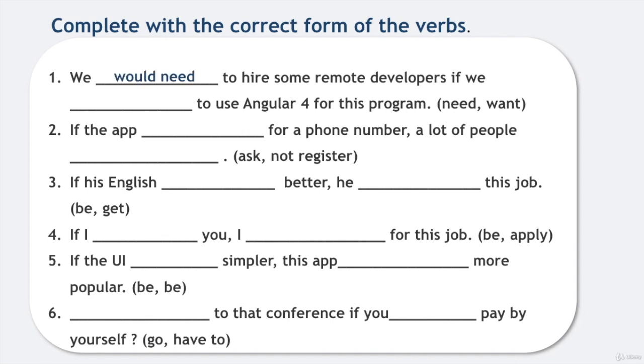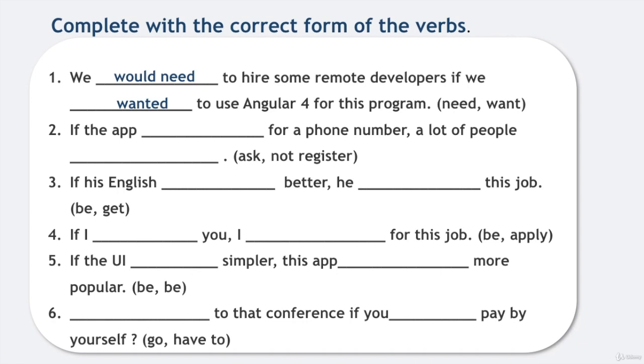And the answer is: we would need to hire some remote developers if we wanted to use Angular 4 for this program. The condition in this sentence is if we wanted to use Angular 4 for this program. That's why we use past simple, wanted, if we wanted.